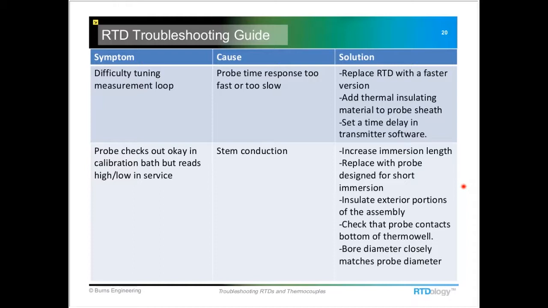And if you do that, it should respond pretty quickly in a process that's heated, and you're standing in room temperature. That temperature would go up within probably a minute or two of when you applied that insulation.